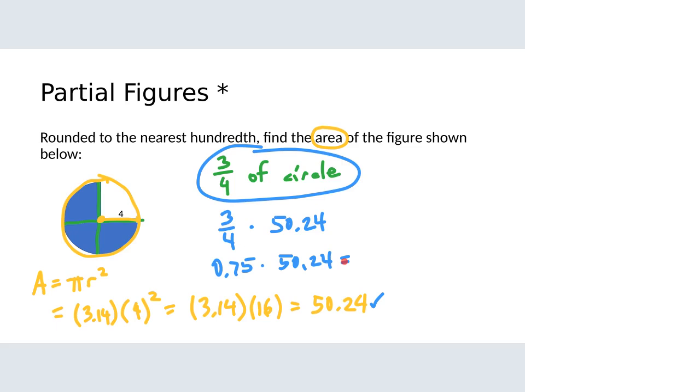And when we do that, we get 37.68. And so the area of that figure, rounded to the nearest hundredth, that already is 37.68. Let me know if you have questions on that. Main key step there is we have to pretend that it's an entire circle first and then go from there to finding the area of what we've been given.